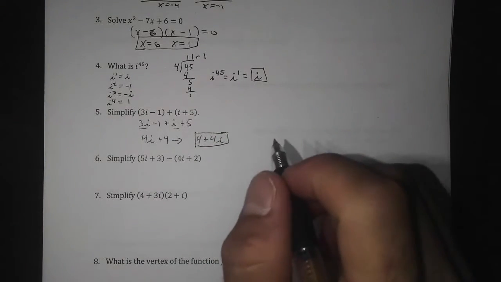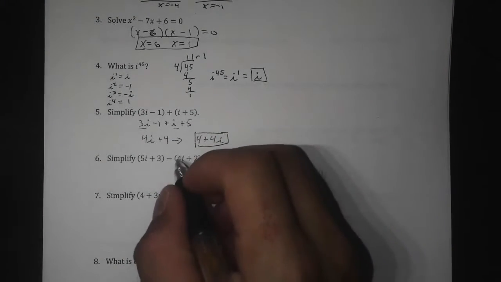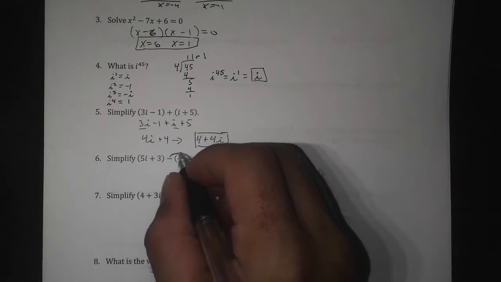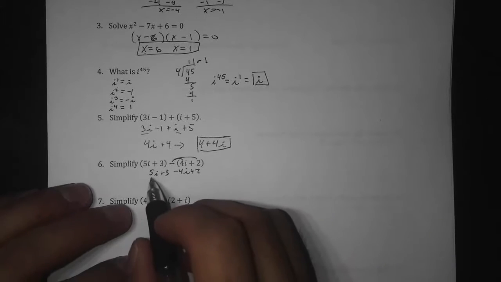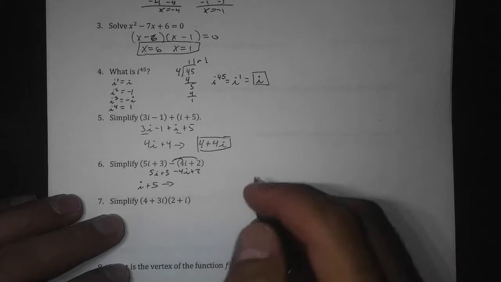Simply combine like terms. Same exact thing happens here, but first we have to distribute this negative. Like terms, 5 minus 4 is just i. 3 plus 2 is 5. What does this become?